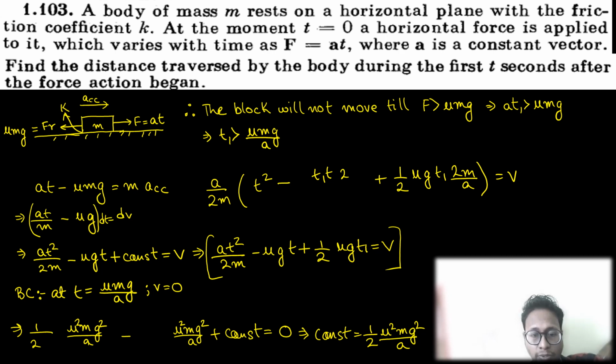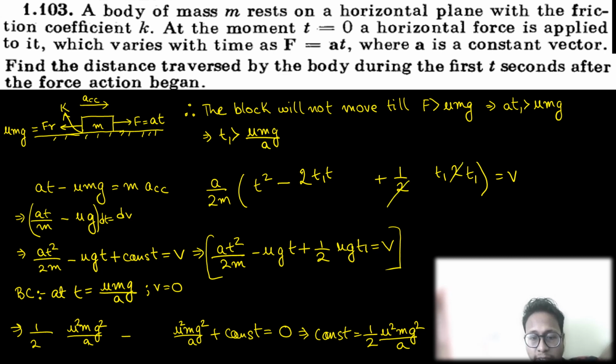Let me write that 2 at the beginning. Similarly, this term will become what? Mu mg t1. See, mu gm by a, this entire term is nothing but t1. 2 and 2 will get cut.